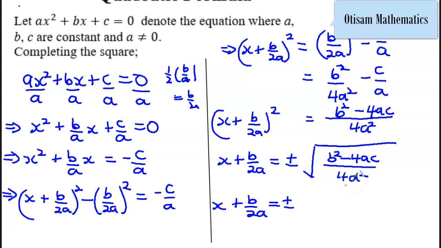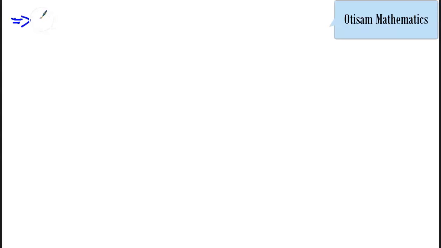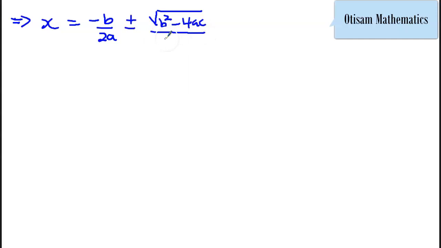We can split this. So we have the square root of b squared minus 4ac, and the square root of 4a squared is giving us 2a. So apply that. x will be equal to minus b on 2a plus or minus the square root of b squared minus 4ac on 2a.